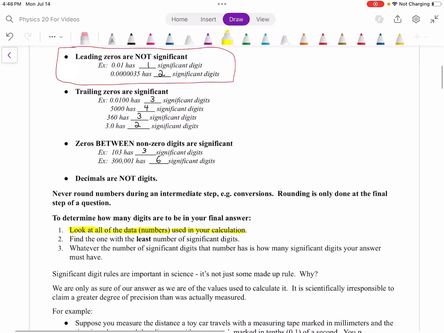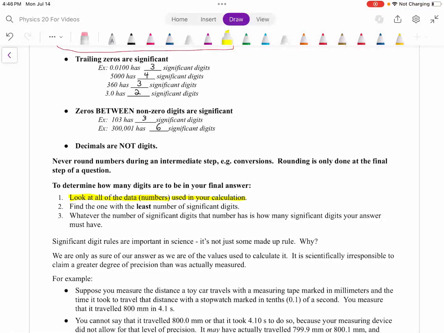Out of all of those numbers, you want the one with the least number of significant digits. That's how many significant digits your answer must have.